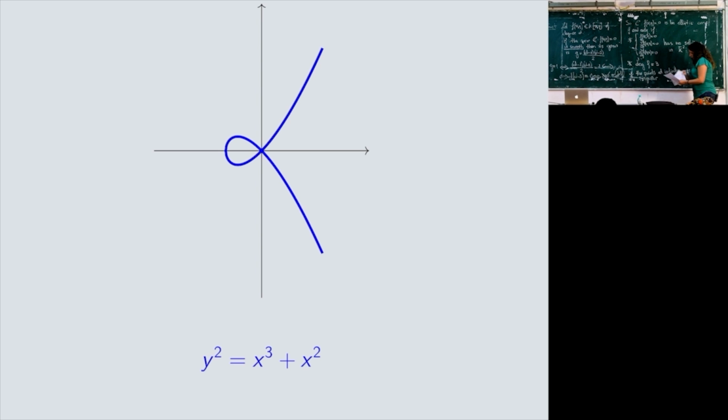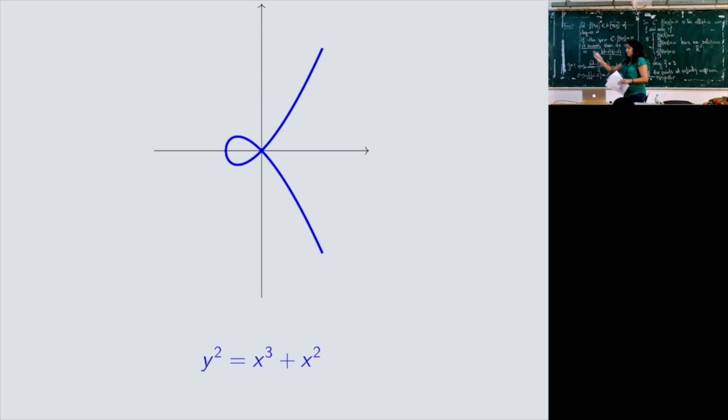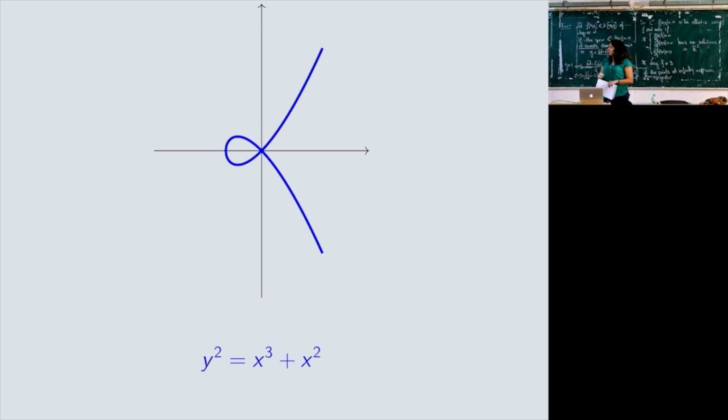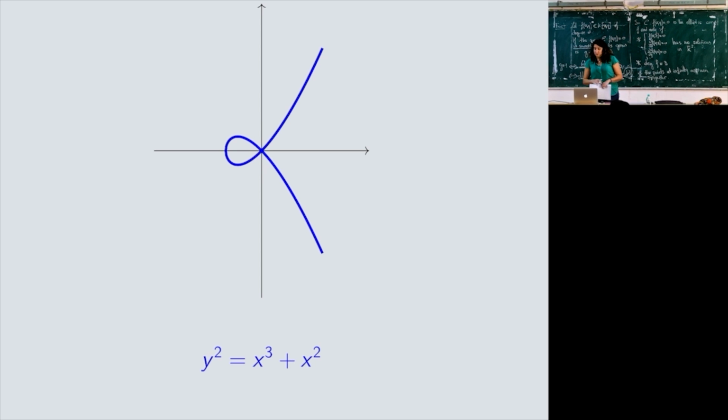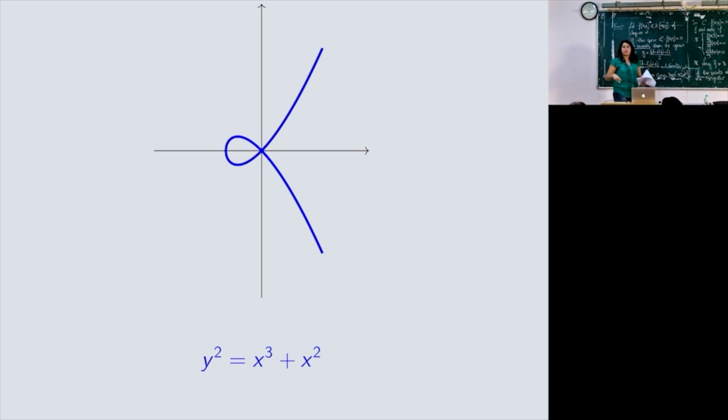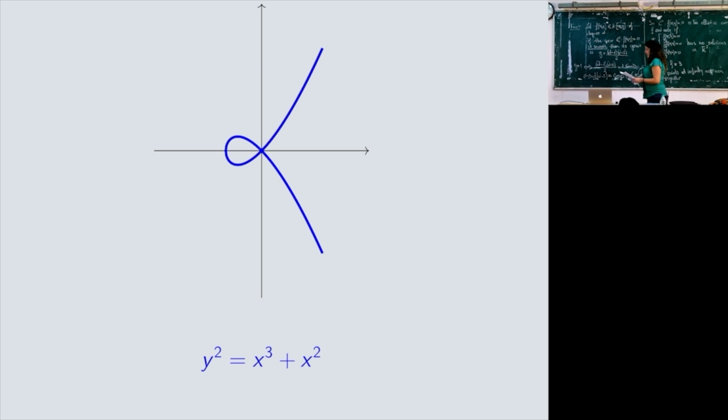Okay, so let us see some examples of elliptic curves. This is an example: y squared equals x cubed plus 1, and y squared equals x cubed minus x. These are all examples that I'm showing you over R, so that we can represent them on the plane very easily.